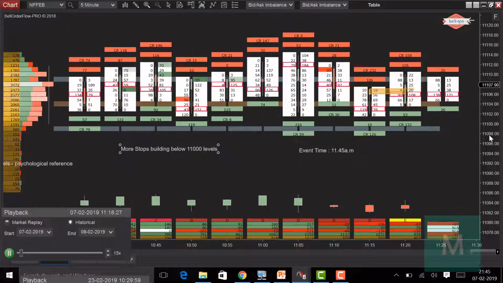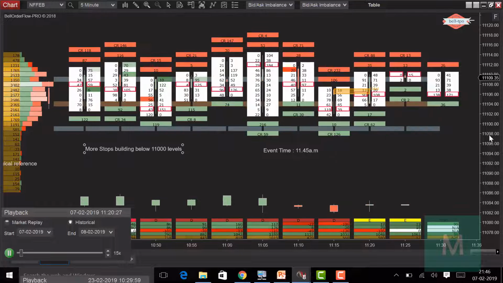Time is 11:18. You can see that there is no absorption, there is no momentum inside those candles. Low volumes, only traders are struggling there, and most of them are having stops on the downside.